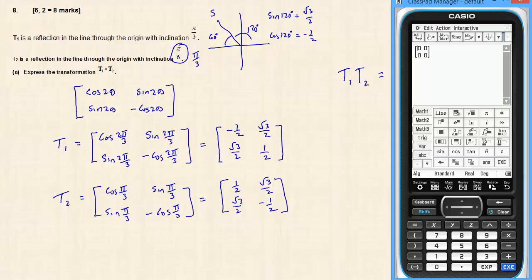So my first matrix, T1, is going to be negative a half, and then here we're going to have root 3 over 2, so that's the square root of 3 over 2, and then down here we've got root 3 over 2 as well. And finally here we have a half, positive a half.